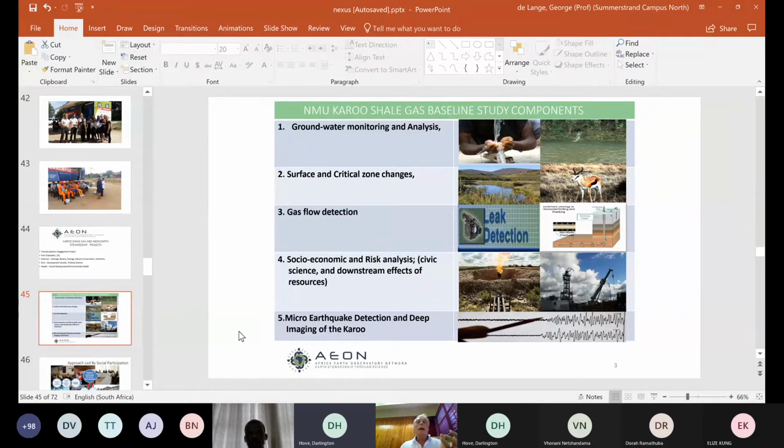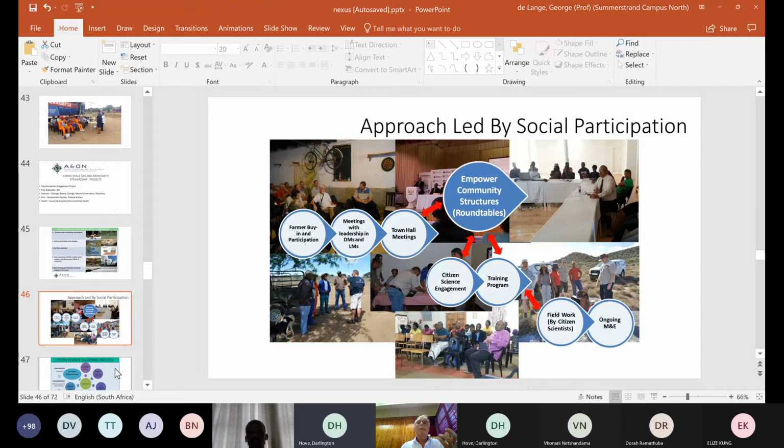These studies had to be done before fracking actually started, and it was funded by a number of agencies, of which the Eastern Cape government was a very big one. The particular model that they used was a citizen science model, where they trained the community to do a lot of the readings and send them through, for example, groundwater readings, to the university.